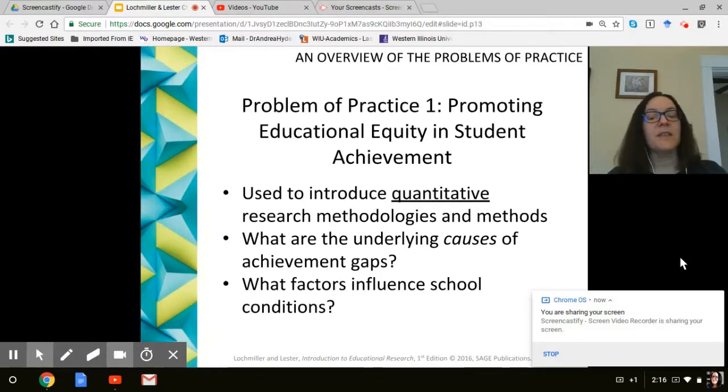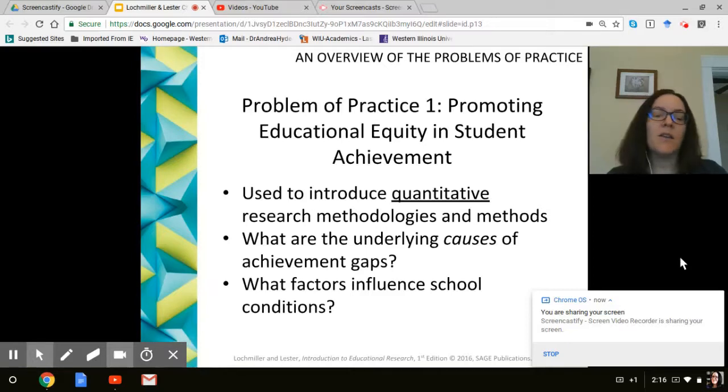This one certainly is. So the first problem of practice is promoting educational equity in student achievement, also phrased as closing the achievement gap. Looking at that from a critical lens, it's sometimes called closing the opportunity gap.